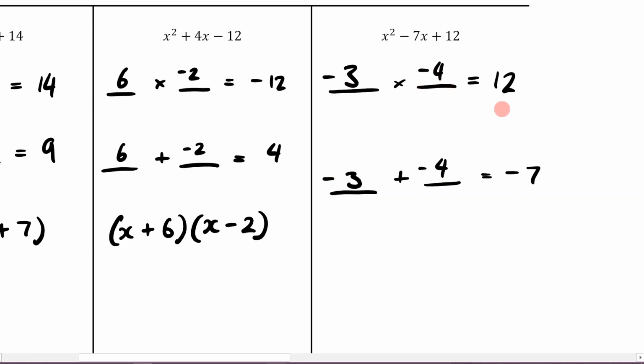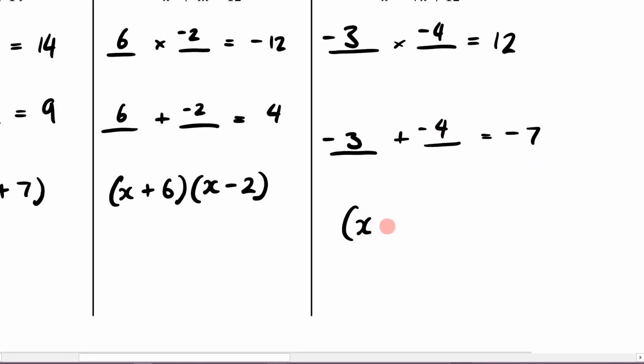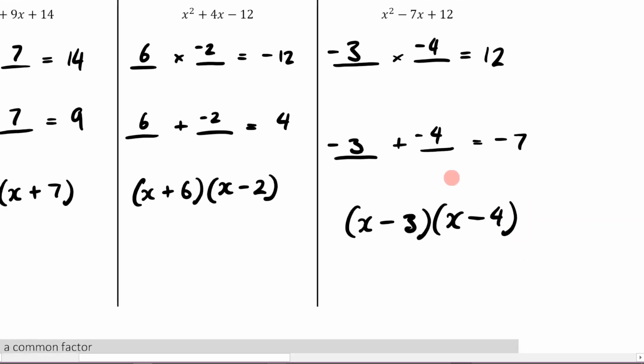Negative 3 times negative 4 is positive 12. Negative 3 plus negative 4 is negative 7. So that means my answer to this one is going to be x minus 3, x minus 4. Perfect. And that's how we approach it.